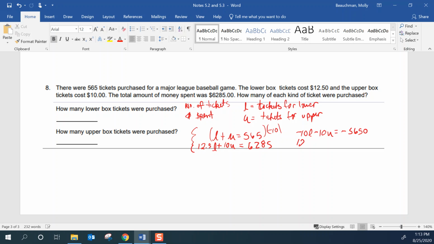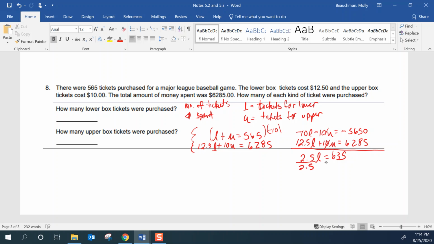Bottom equation stays the same. Add these two together. U eliminates, and I'm left with 2.50 times L is equal to 62.85 minus 56.50, which I get is 6.35.